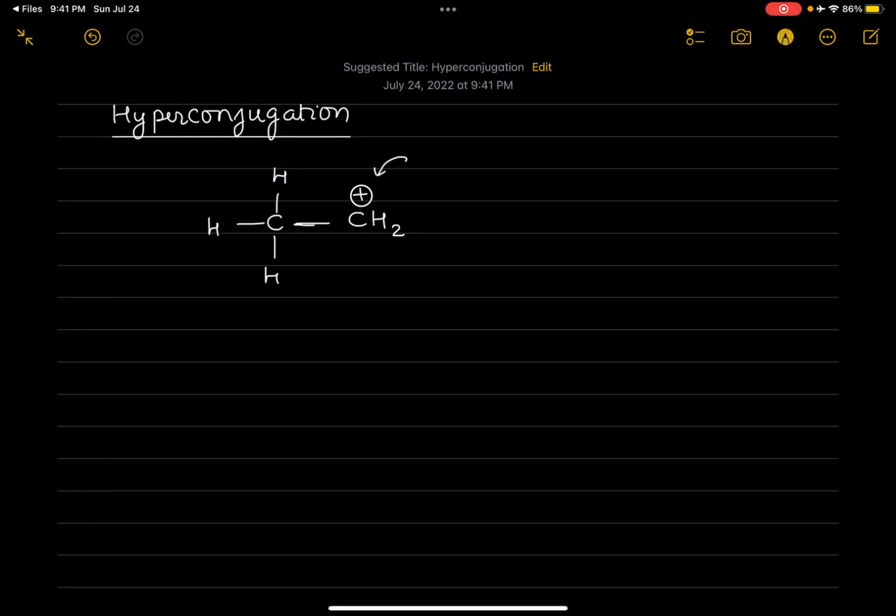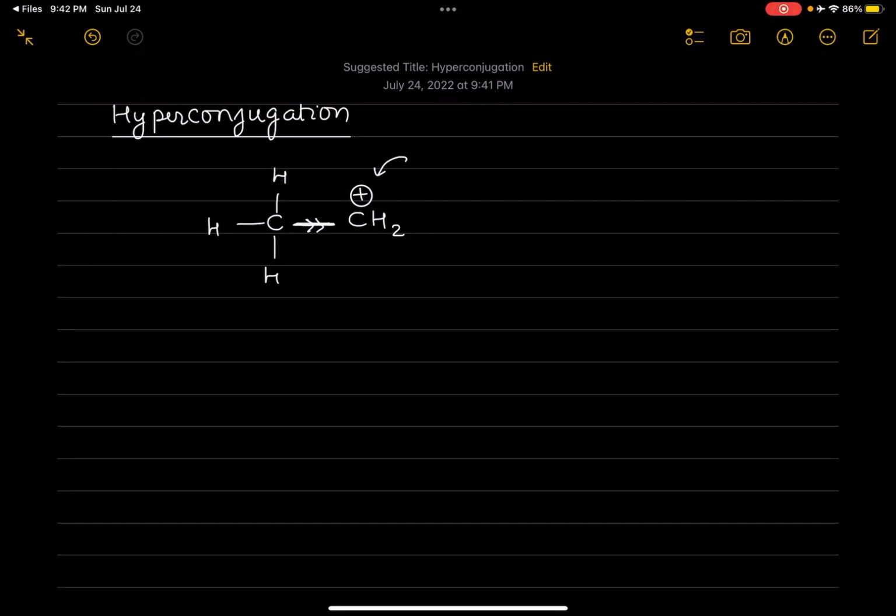So one way in which the methyl group, which is a small alkyl group, can help this carbocation is by pushing its bonded electron density slightly towards the C plus. This is one way which we discussed, and that makes a tertiary carbocation more stable than secondary, which is more stable than primary. Now there is one more way in which this methyl group can help this carbocation to fulfill its electron density.